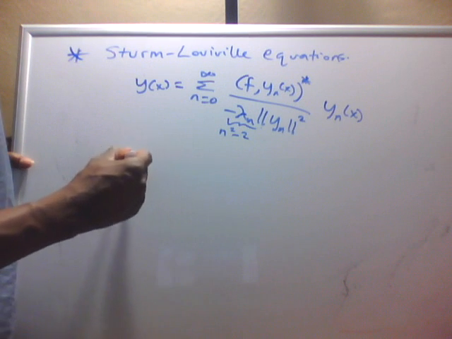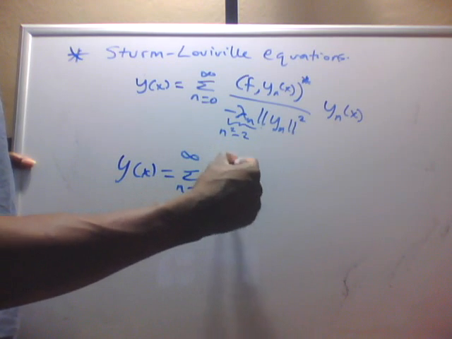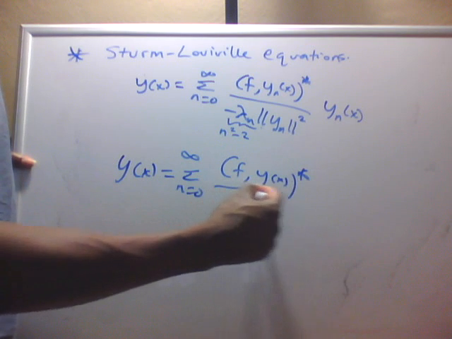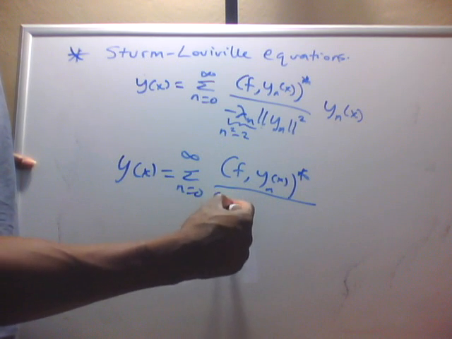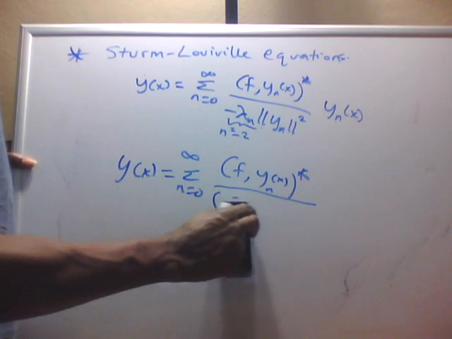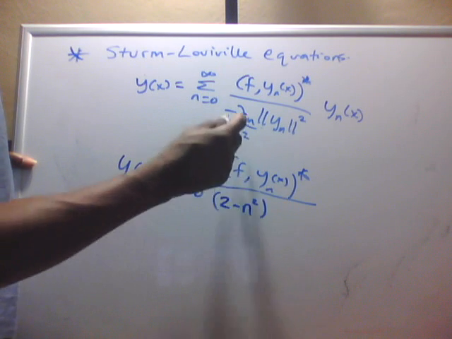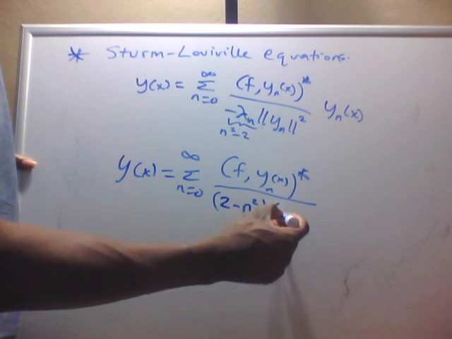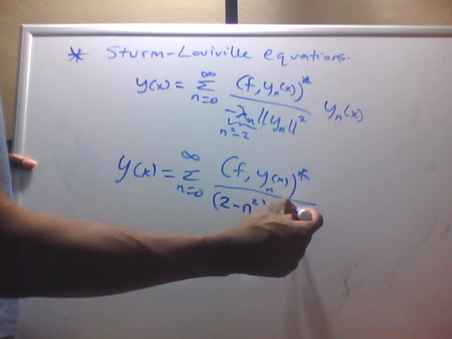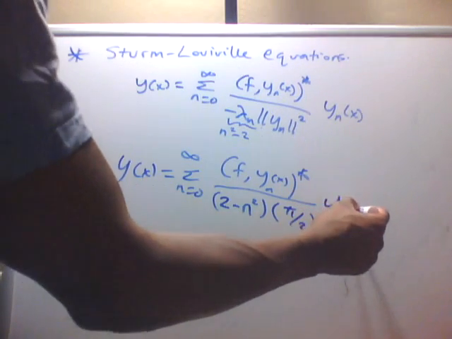Okay, so y of x is the sum of n equals 0 to infinity of that inner product divided by n squared minus 2. Negative of that, just call it 2 minus n squared. That's negative λn times the square norm, which is π over 2, times y of x.